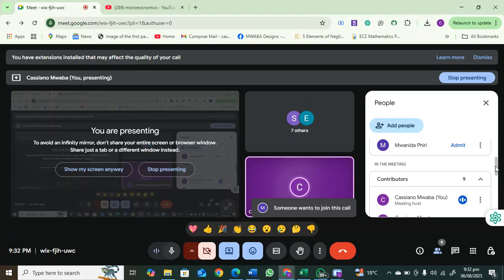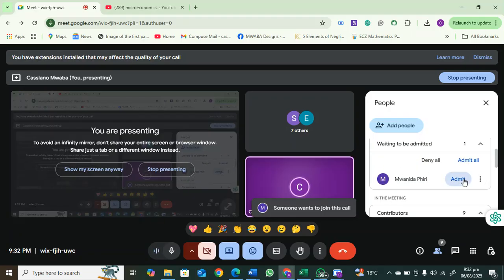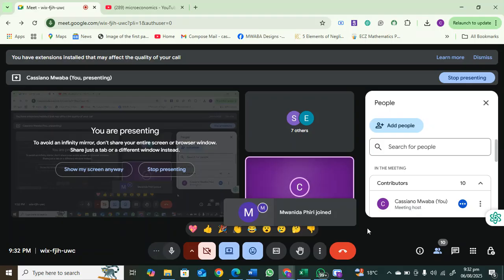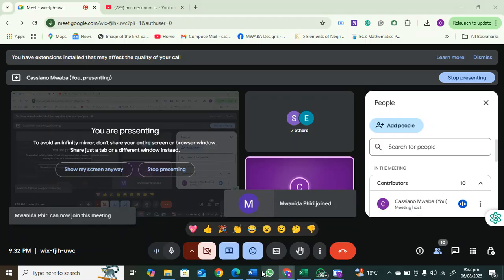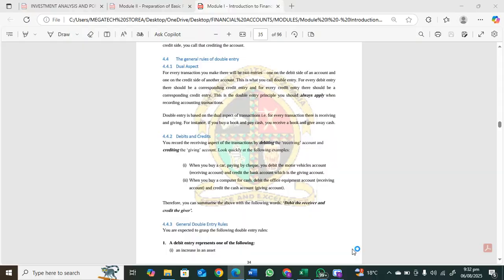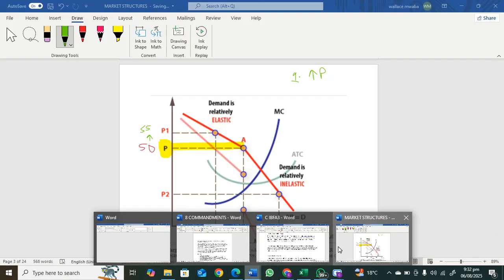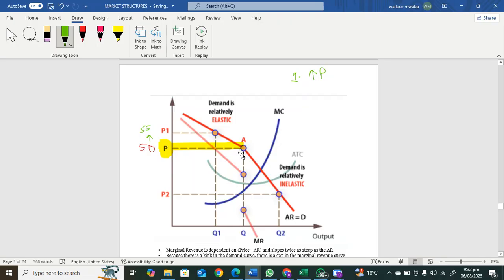No, because they know that the firm that has increased the price, its customers are going to come to these other firms which haven't increased the price. So if firm one increases the price, customers are going to go to firm two and firm three because they are cheap.